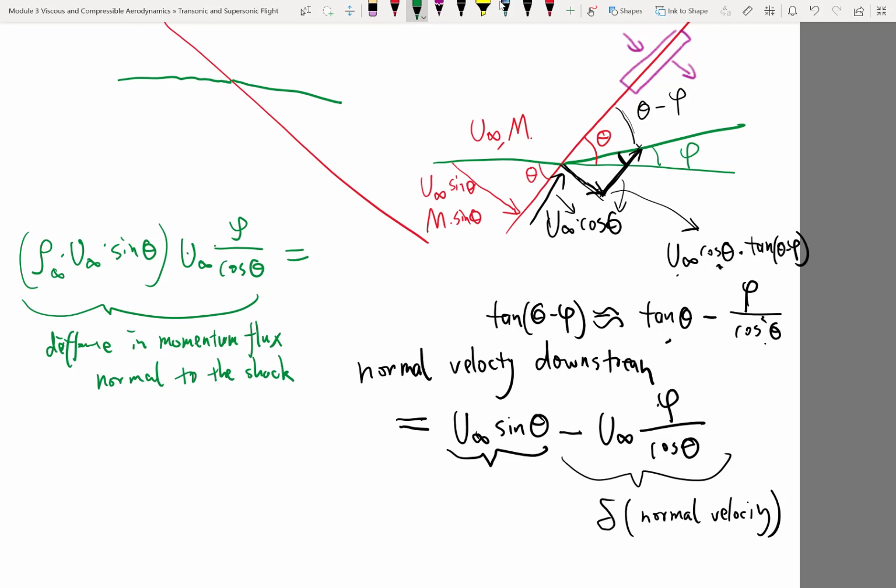It's delta P, right? The pressure force per unit area is basically the difference in the pressure upstream and downstream. Agreed? Okay. So now, just to simplify that a little bit, that's rho infinity u infinity squared times tangent of theta, and then this phi.